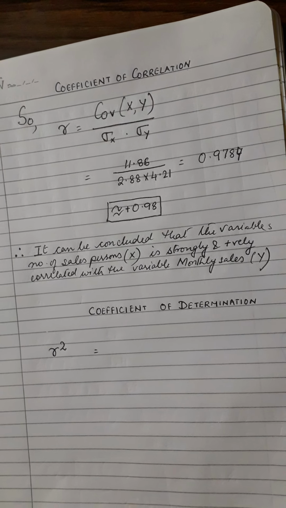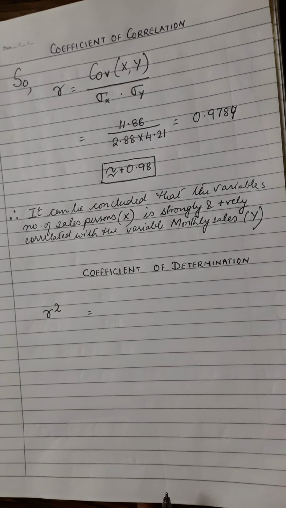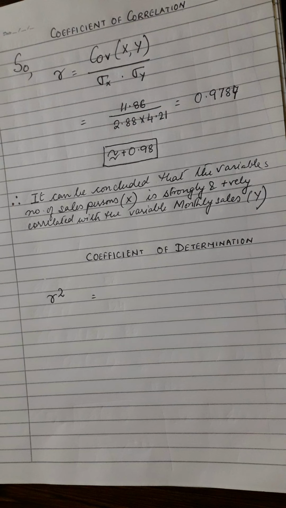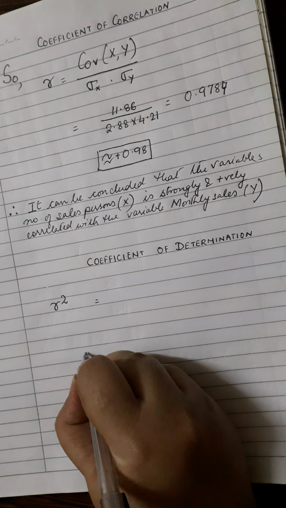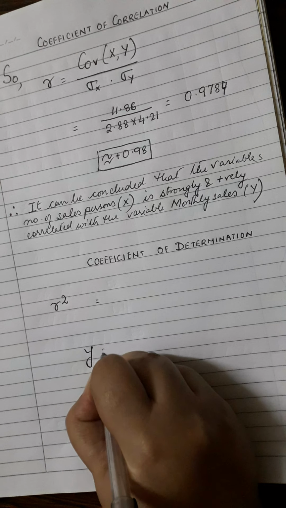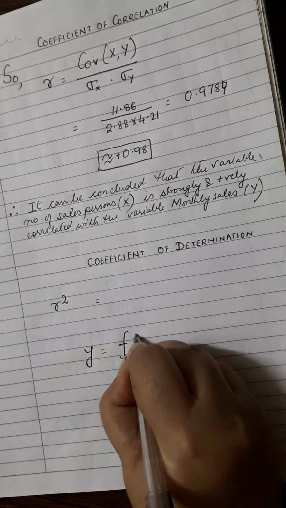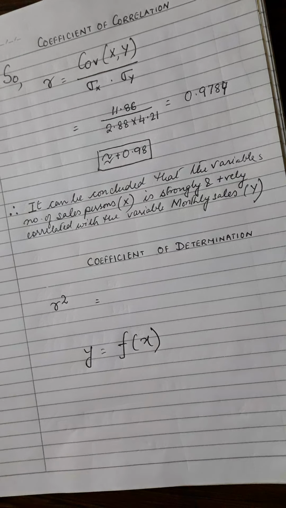So definitely, since they are strongly and very firmly and positively correlated, we can definitely write that the y, that is your monthly sales y, is actually a function of x. Right, your y is actually a function of x.